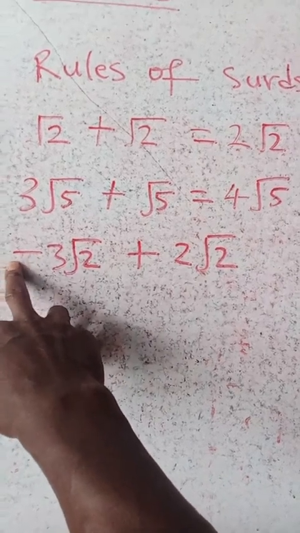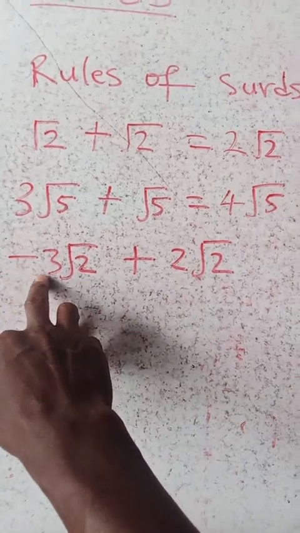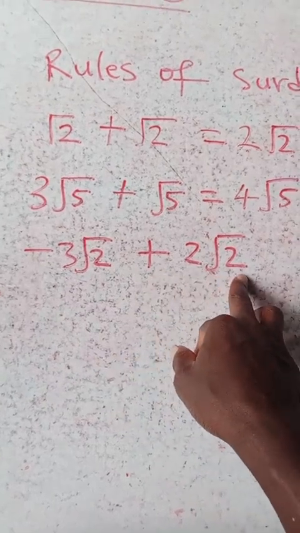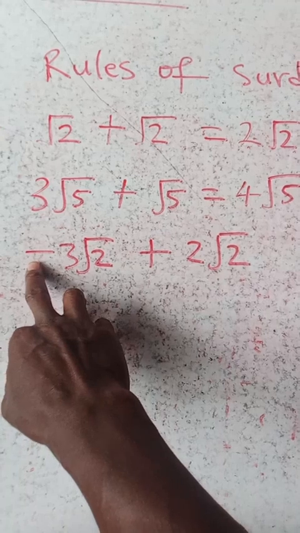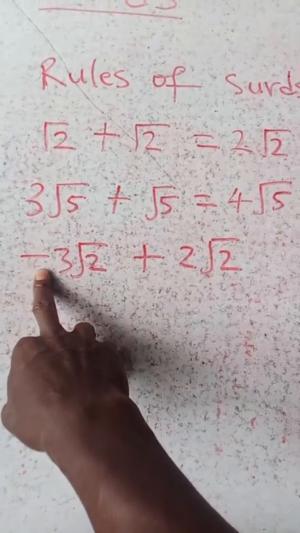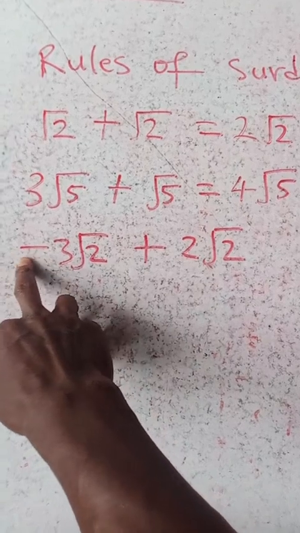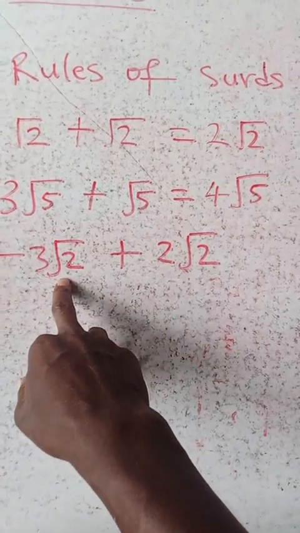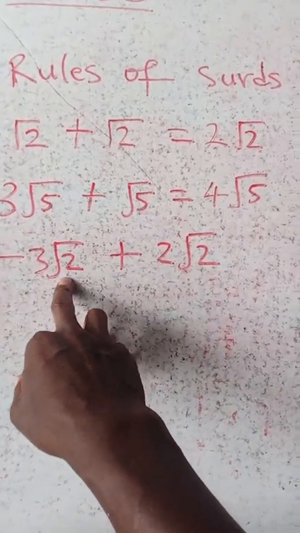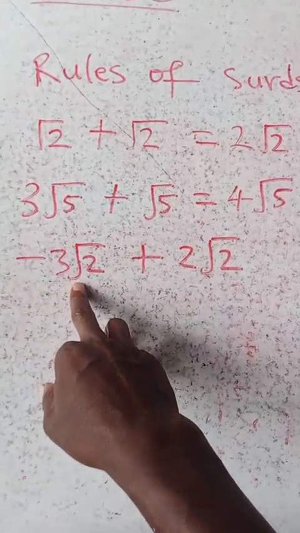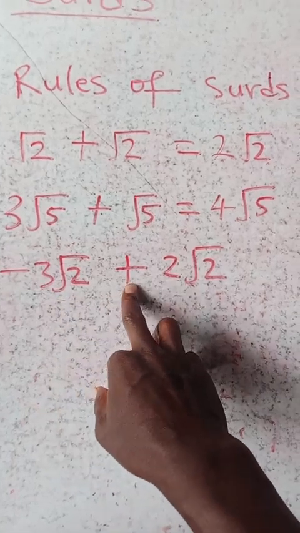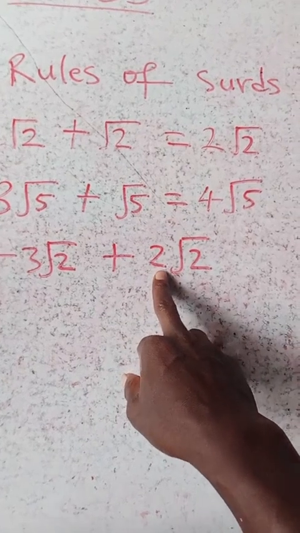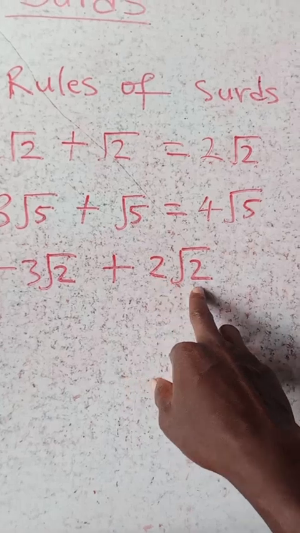So minus 3 root 2 plus 2 root 2. Minus always means you are owing. Let's say you are owing 3 of root 2, and let's say root 2 is a goat. You are owing someone 3 goats. Plus means you own, so you have 2 of root 2, that means you have 2 goats.